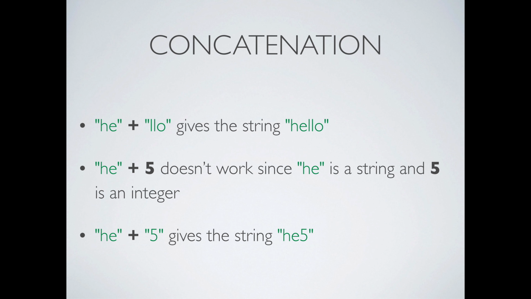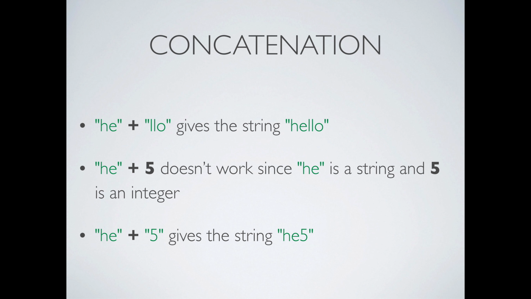For example, HE plus 5 is not going to work, because that 5 is an integer and HE is a string. You could though, for example, add these two strings at the bottom here, HE plus the string that contains 5.